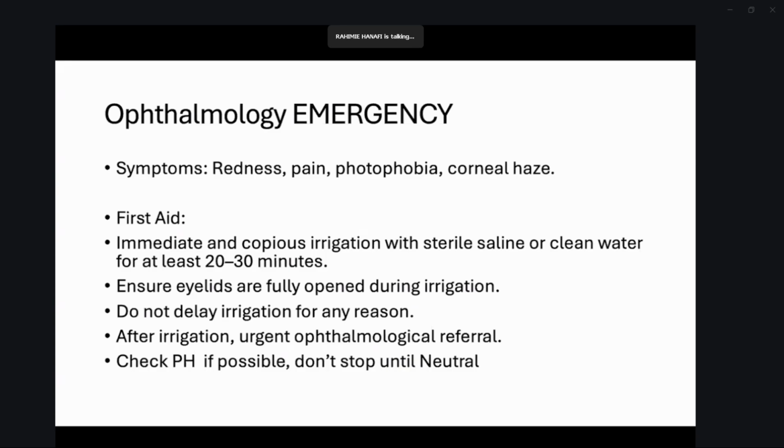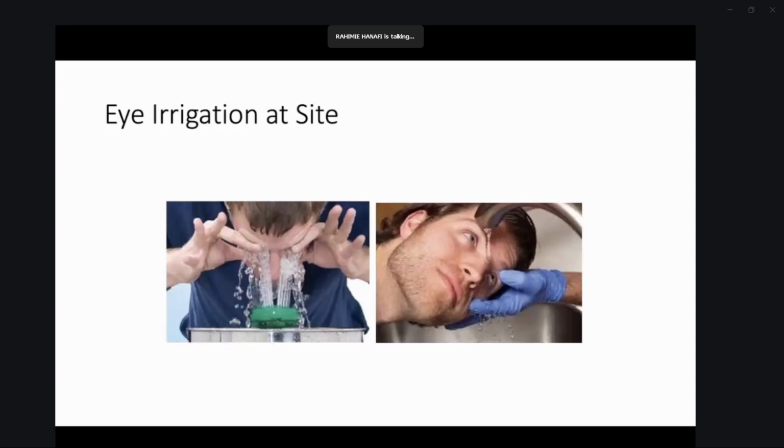Ensure that the eyelids are fully open during the irrigation. Do not delay the irrigation for any reason. After irrigation, refer to ophthalmology. And if your premise has pH litmus paper, then check the pH. If it is still acidic or alkaline, continue the irrigation until it becomes neutral.